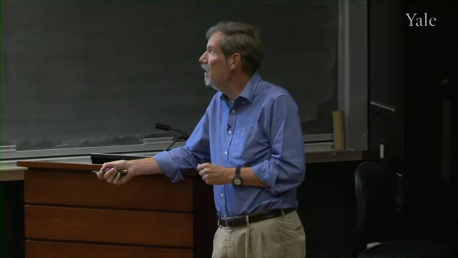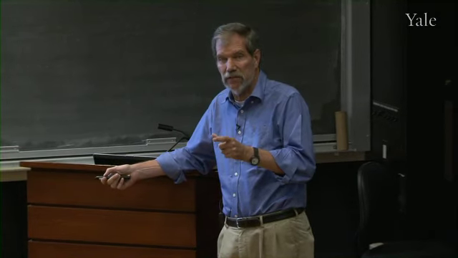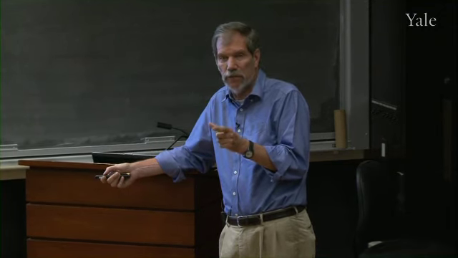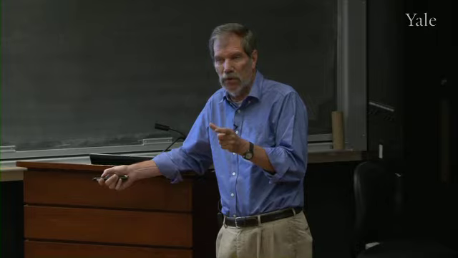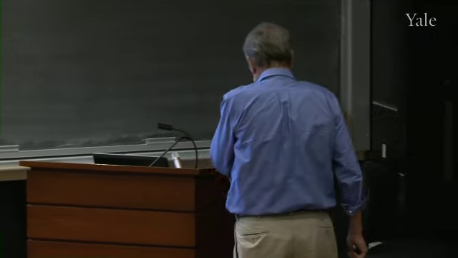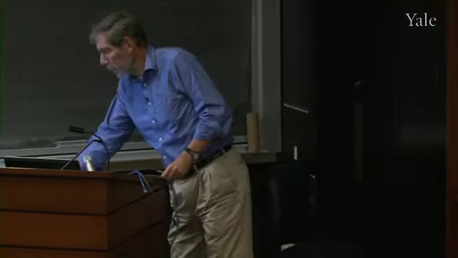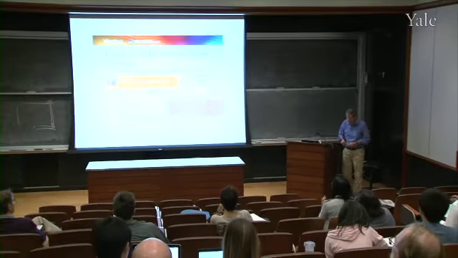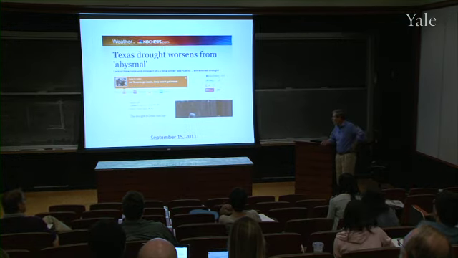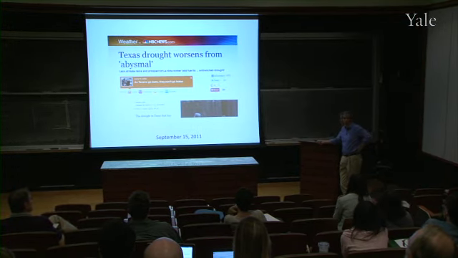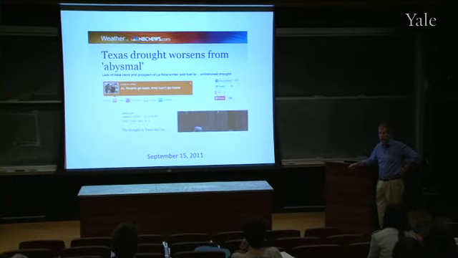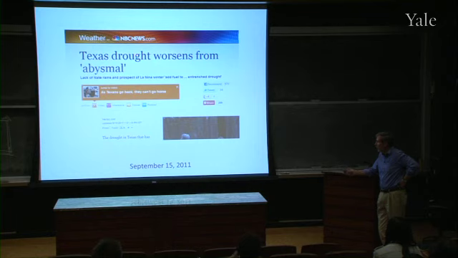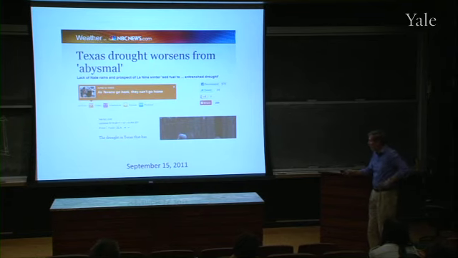We're going to be looking, in fact, at a single event, the Texas Drought of 2011, and see if we can deduce what the nature of the climate feedbacks were in that event. So this headline, and many like it, you may recall from just about 1 year ago. This was all the rage in the newspapers a year ago, the Texas Drought. And this is the one we'll be talking about today and its implications.